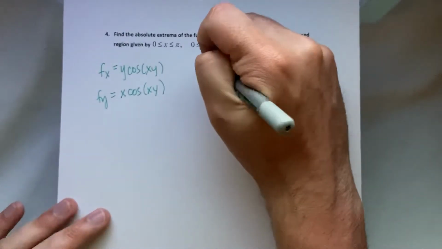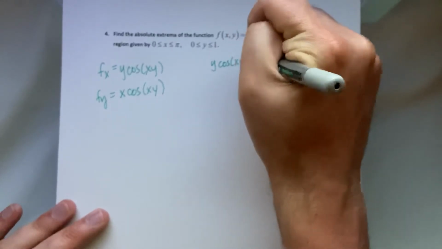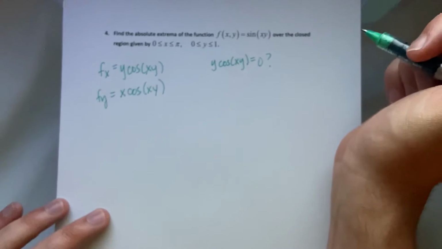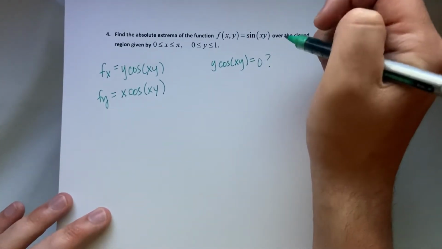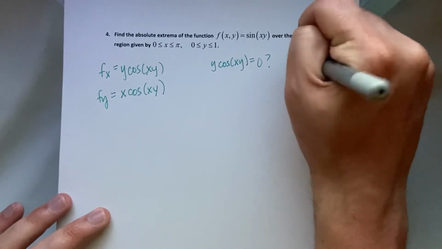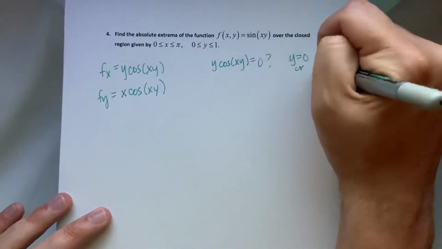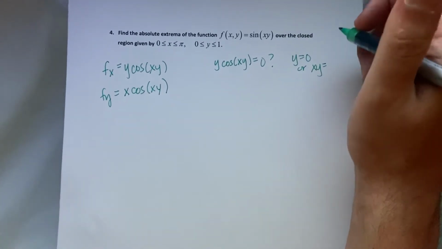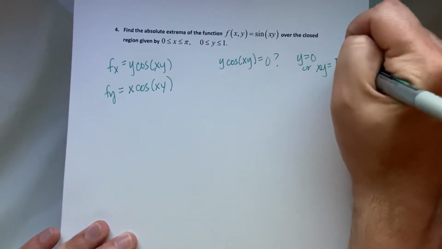So when is y times the cosine of xy equal to 0? We either need y to be equal to 0, or x times y has got to be pi over 2, 3 pi over 2, but since x is between 0 and pi, and y is between 0 and 1, it's got to be pi over 2.